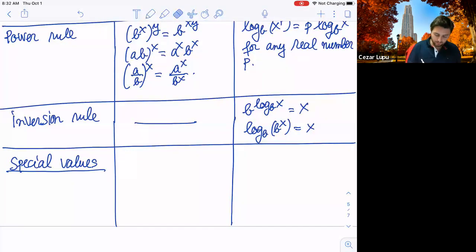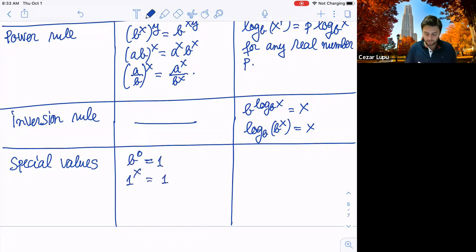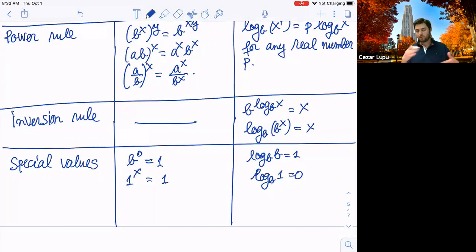Well, for exponential, we have e to the power 0. Well, this is obvious. But in fact, b to the power 0 is 1. And let's say 1 to the power x will be 1. And here, log in base b of b will be 1. And log in base b of 1 will be 0. All right, I think this sums up pretty much the basic properties for the two functions.